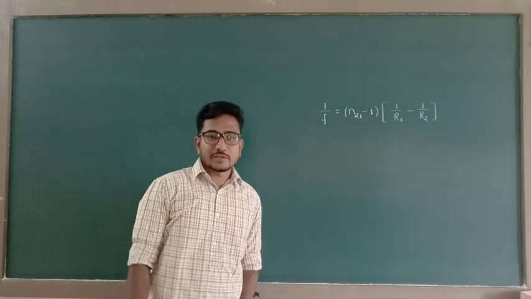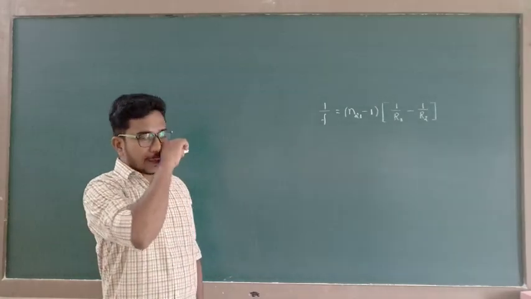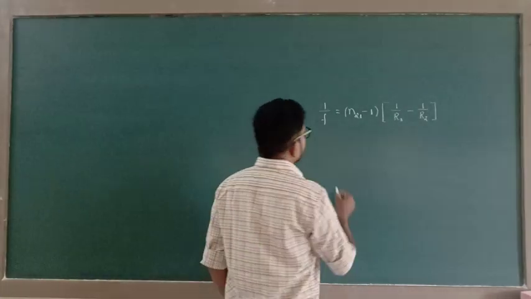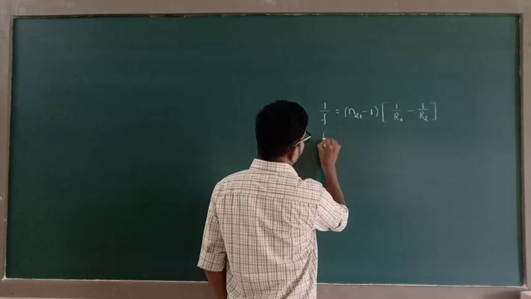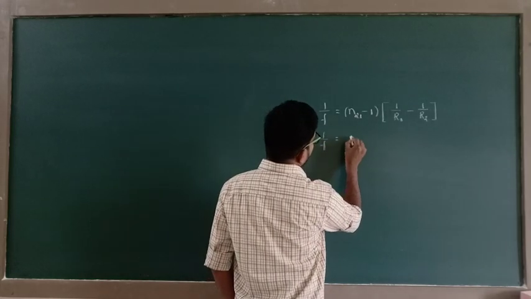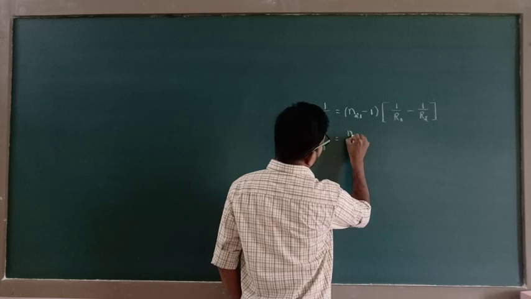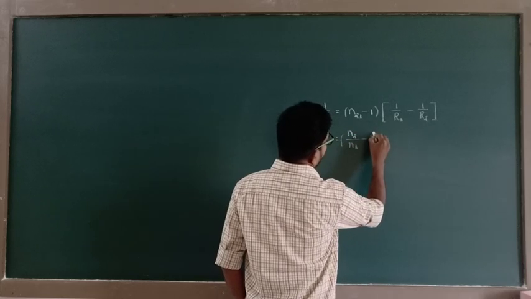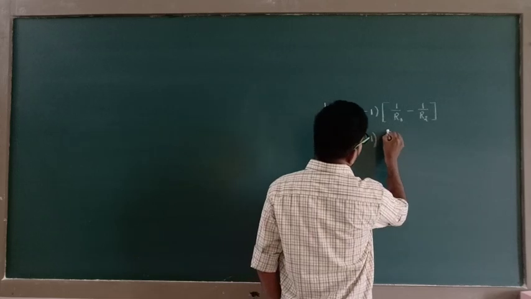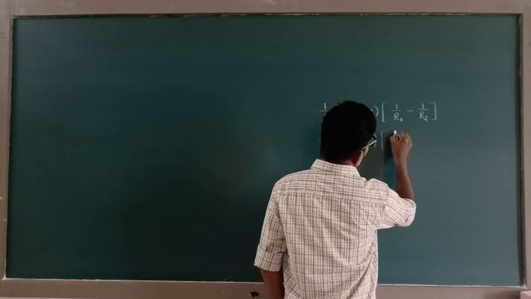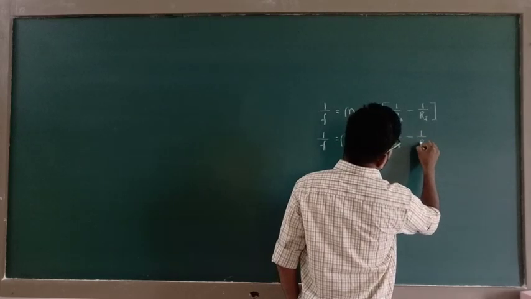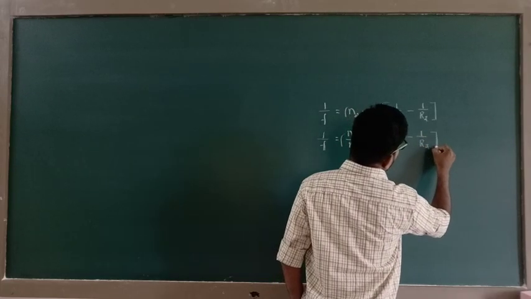We know the relation between relative refractive index and absolute refractive index. Therefore we can write 1/f = (n2/n1 - 1)(1/r1 - 1/r2).